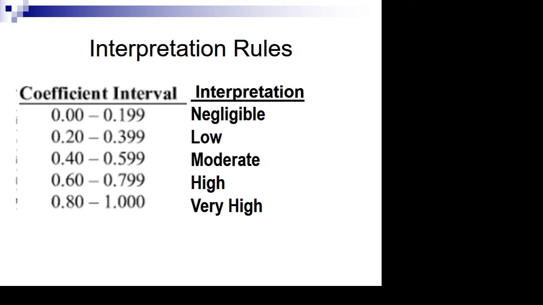When the range is between 0.2 and 0.39, we call it a low relationship. When the coefficient falls between 0.4 and 0.59, we call it a moderate relationship. Between 0.6 and 0.79 is called a high relationship, and the last range, 0.8 to 1.0, is called a very high correlation.